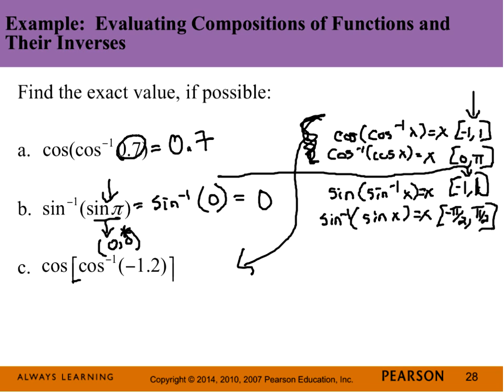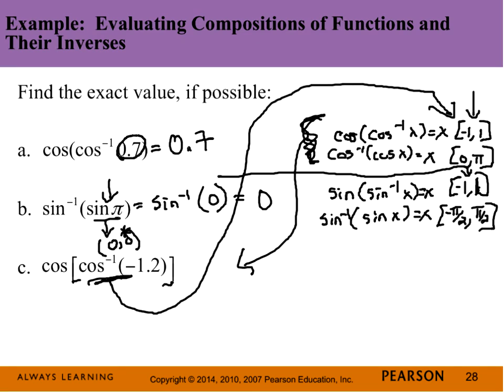Okay, last but by far not least, and we can use this same information for the cosine here for this last one. I'm taking the composite of cosine function composed with cosine inverse of -1.2. Well, notice the cosine inverse lives outside of my approved, if you will, or my restricted domain.